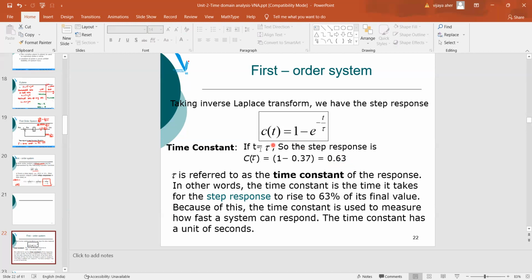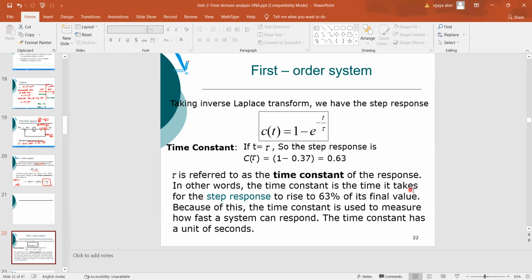So just by putting small t is equal to tau, your step response becomes like this. C of tau is equal to 1 minus 0.37 is equal to 0.63. So tau is referred to as the time constant of the response for a first order system. The same thing is written over here for your ready reference.